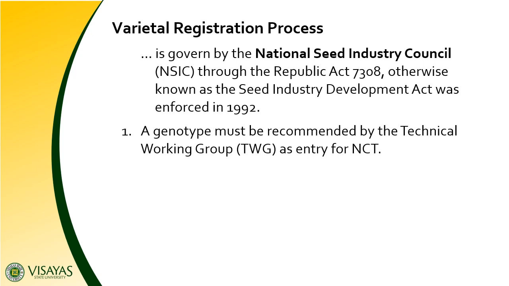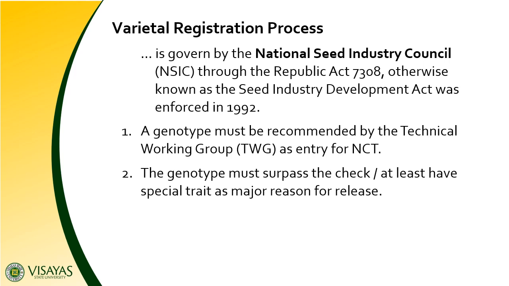By the way, this Technical Working Group consists of scientists or researchers who have expertise on that particular variety. Next, the genotype must surpass the check, or at least have a special trait as a major reason for release.